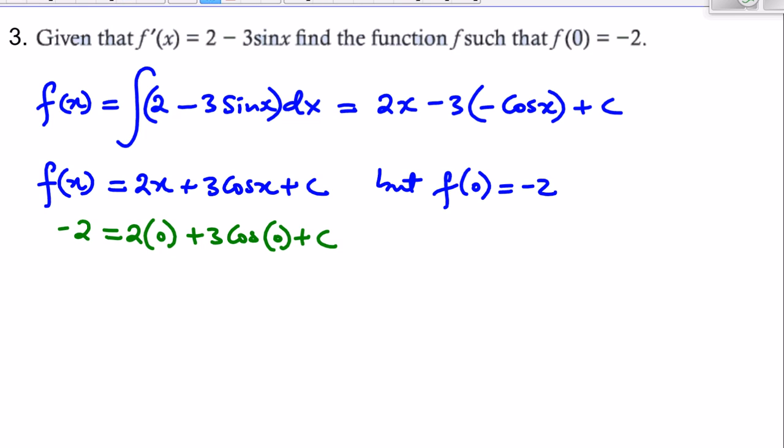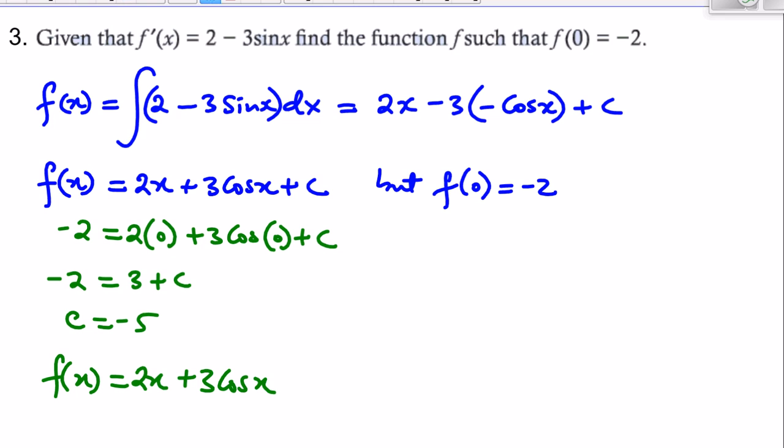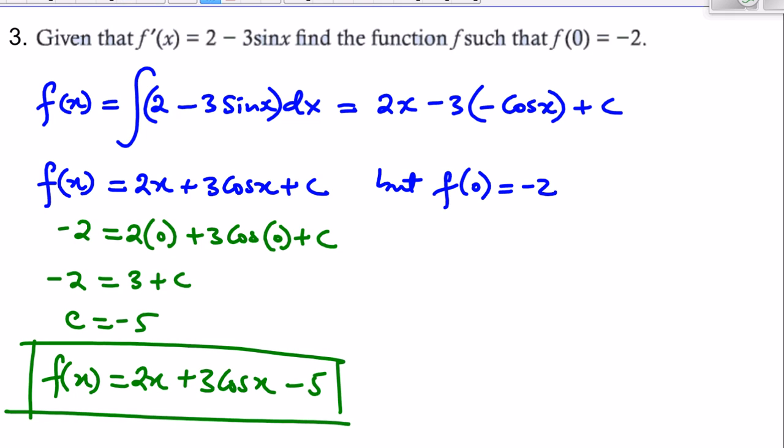We know that cos 0 is 1, so negative 2 is equal to 3 plus c, which means that c will be equal to negative 5, and therefore our function will be 2x plus 3 cos x minus 5. And that will be our final solution.